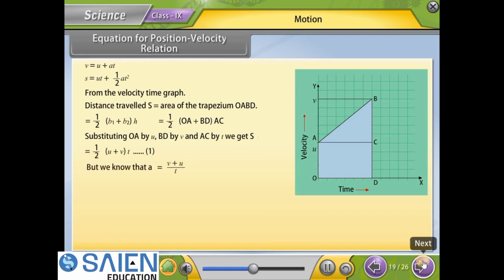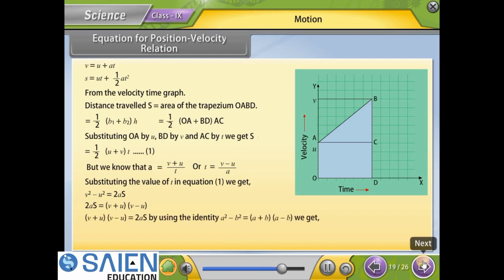But we know that a is equal to (V minus U) whole upon T, or T is equal to (V minus U) whole upon a. Substituting the value of T in equation 1, we get 2as is equal to (V plus U) into (V minus U).